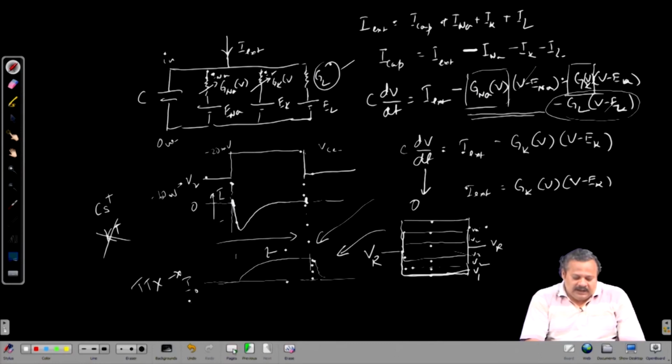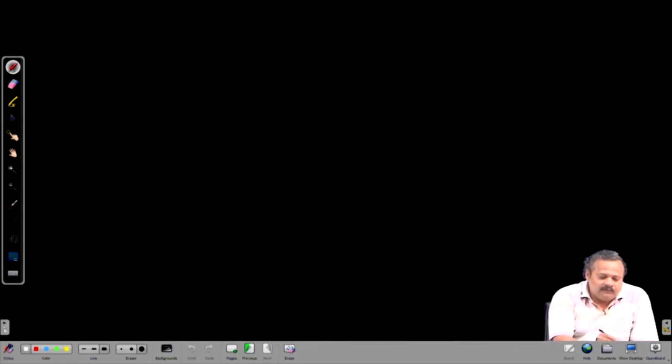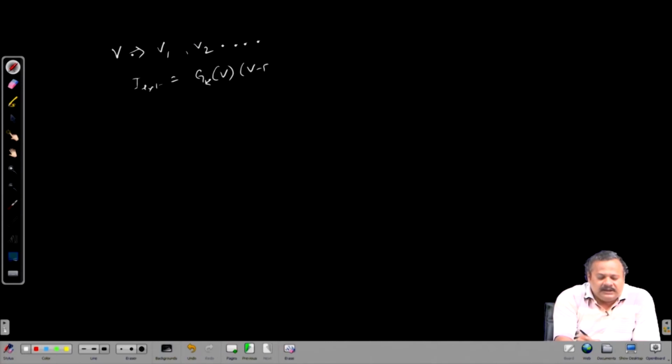So, in each case, for the clamp value V1, V2 and so on, we are measuring I external, which is equal to G K as a function of V, into V minus E K. We know what E K is, we know what V is, it is in our control, and we are measuring I external because of the patch clamp.